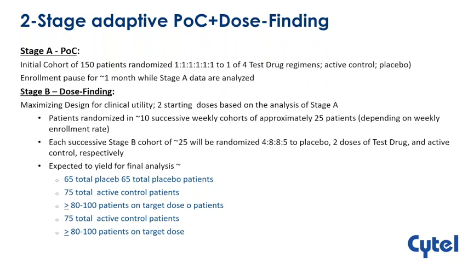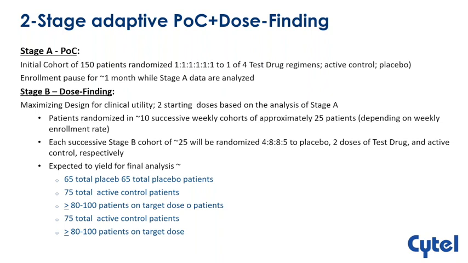The way the study was actually carried out was in two stages. There was a proof of concept stage and dose response seeding stage. So the initial cohort was 150 patients randomized in equal proportions to placebo, active control, or 4 test drug regimens, actually.